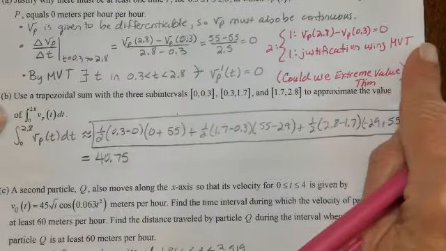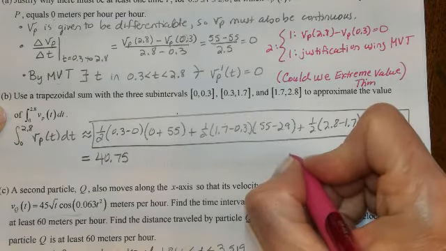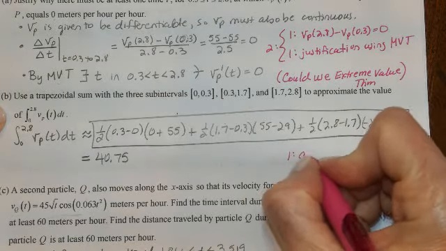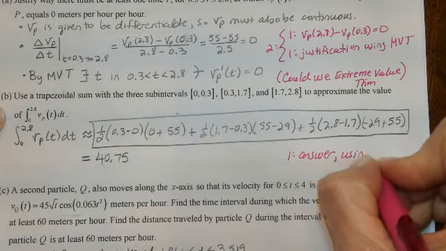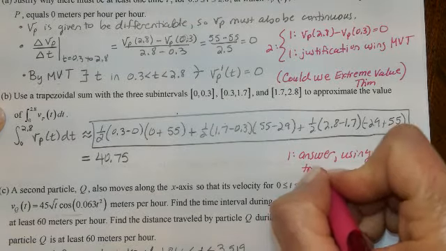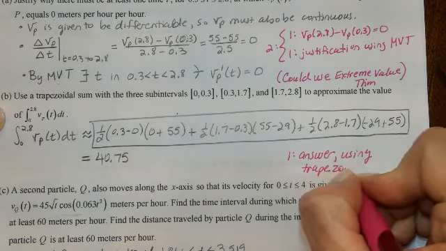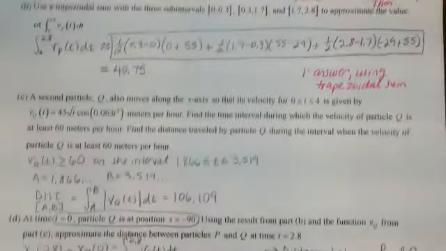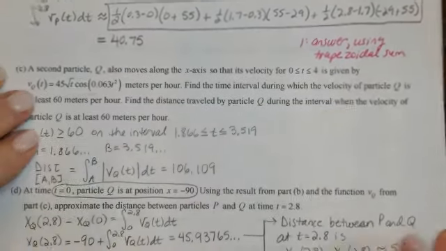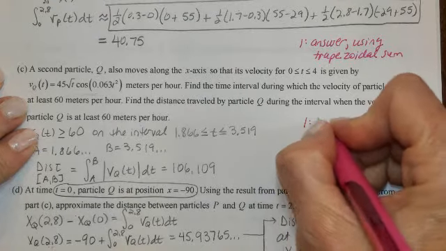Okay, part B. For this trapezoidal sum, this was just worth 1 point, and the way they worded this, it says answer using trapezoidal sum. And then in part C, they awarded 1 point for the integral.